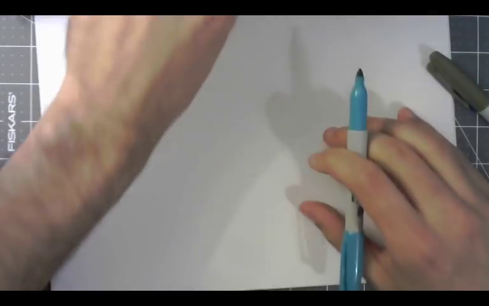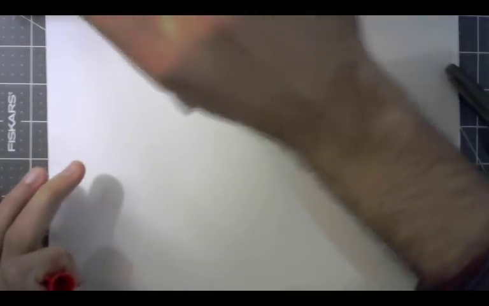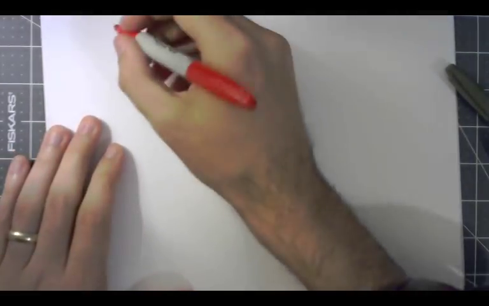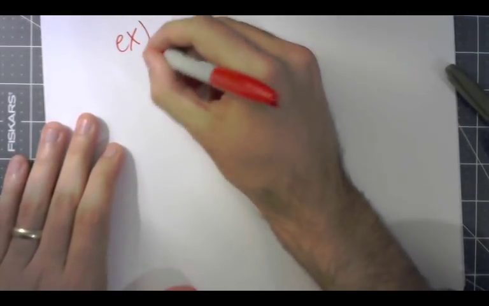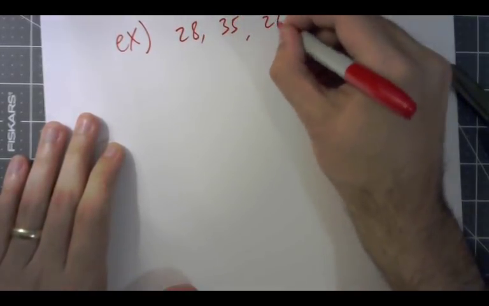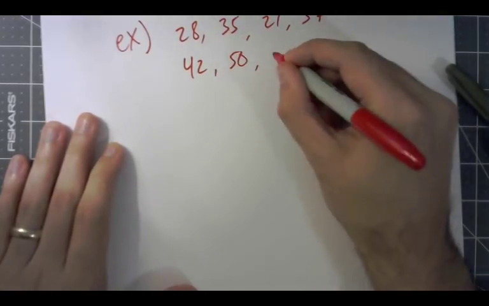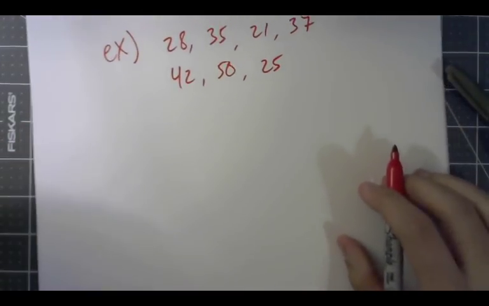So, let's take these and do a little example. We have a couple numbers: 28, 35, 21, 37, 42, 50, and 25.